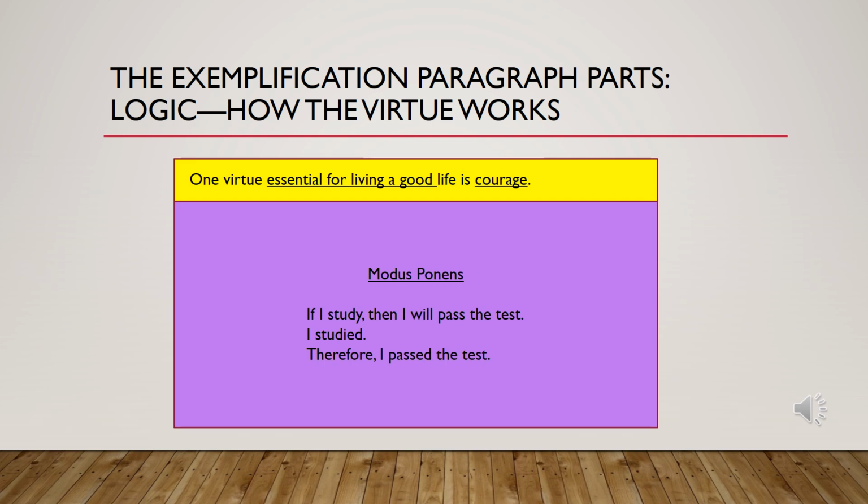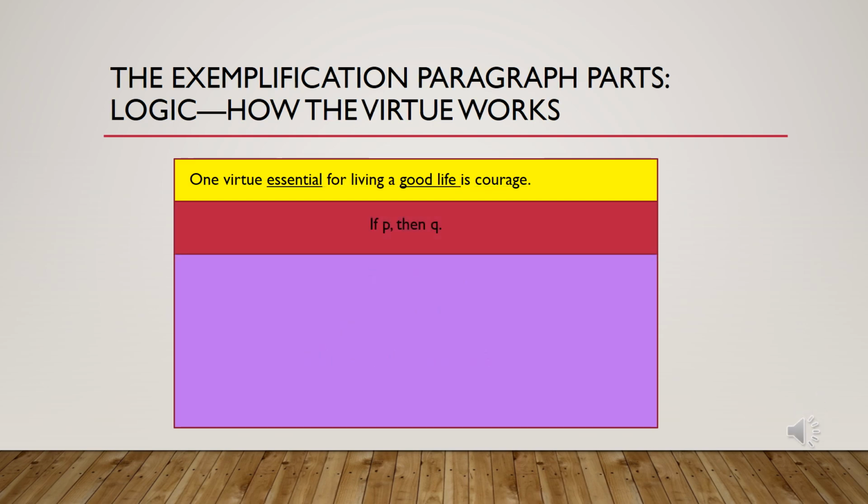Now, let's take this to our virtue. Using modus ponens, we'll have essentially two parts for the paragraph following the topic sentence. The first part is the first part of the modus ponens, the if P then Q. The P is going to be the virtue, the Q is going to be the result of the virtue.